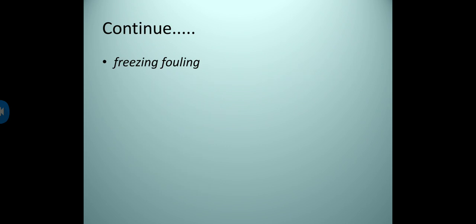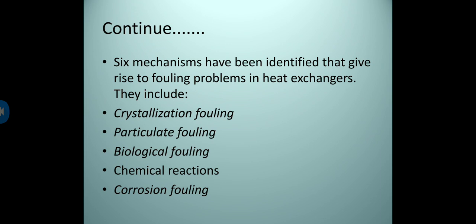So see here, one by one. First, crystallization fouling. It is often referred to in water streams as scaling, which involves the formation of crystals from solutions on the surface, or deposition of crystals formed in the bulk liquid or in the laminar sublayer.